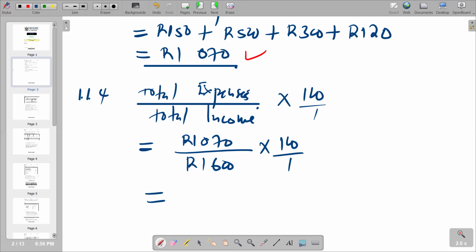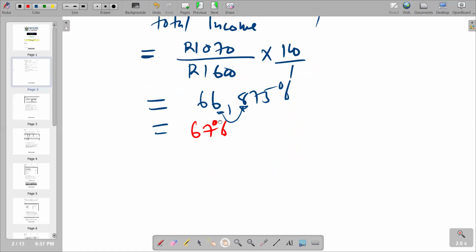So you are going to get 66.875%. And of course, if you round it off to the nearest whole number, which is 6, we check here, we've got 8, which is in the range 5 to 9. So we change our 6 to become 7, we add 1 to 6, it becomes 67%. So this is the response that we have in terms of 1.1.4.